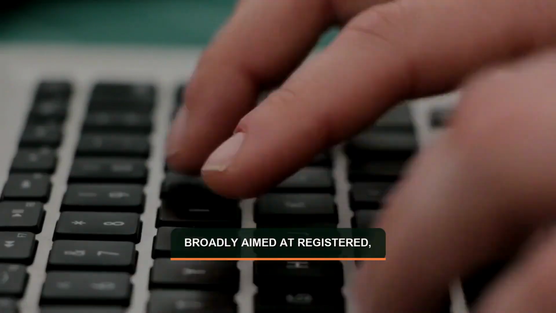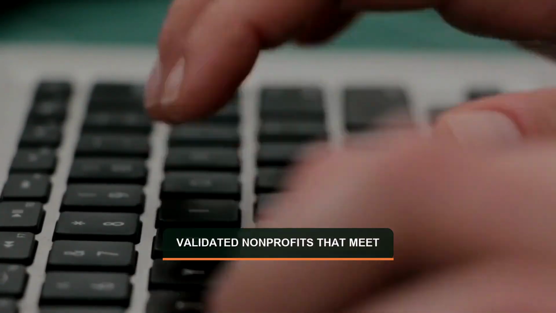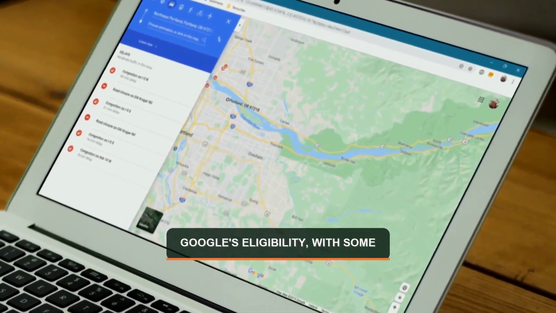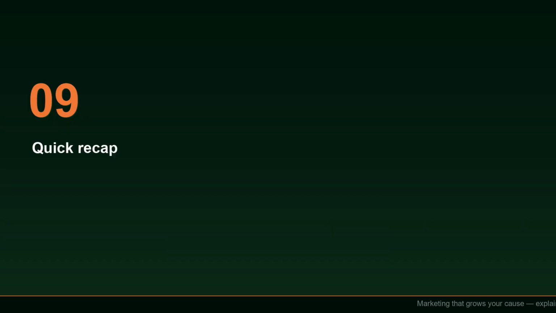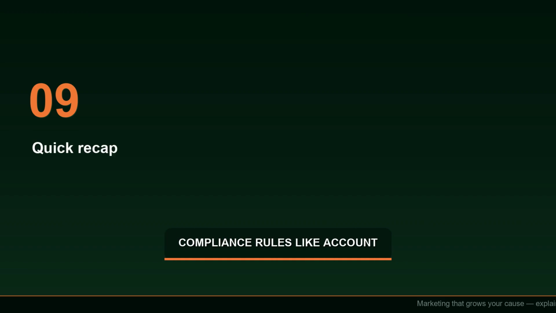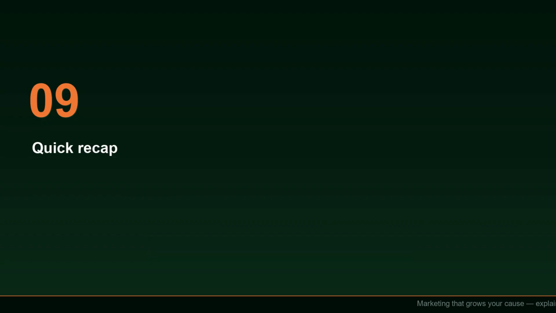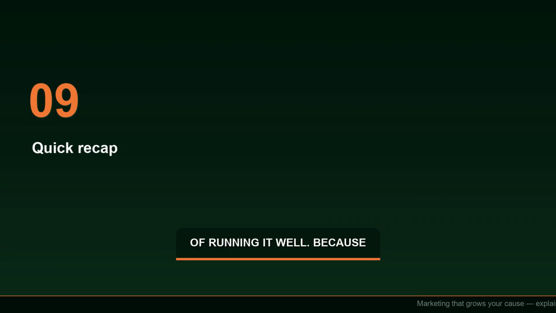It is broadly aimed at registered, validated nonprofits that meet Google's eligibility, with some organization types excluded. And it comes with a genuine catch: ongoing compliance rules like account structure, a minimum click-through rate, conversion tracking, and genuine mission-based use, plus the real, ongoing work of running it well.